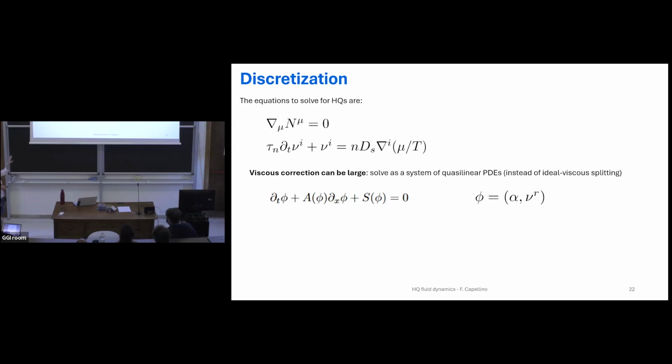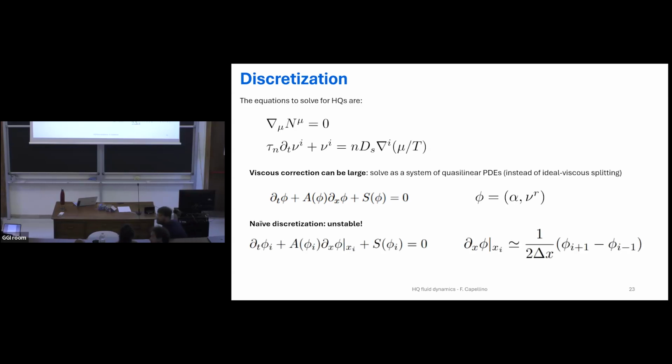So basically, we collect the fluid fields in a vector. Here I only state the charm ones, but actually we do it with all the fluid fields. And then we can collect in a matrix all the coefficients that will be in front of the spatial derivative of these fields. And then we have a source.